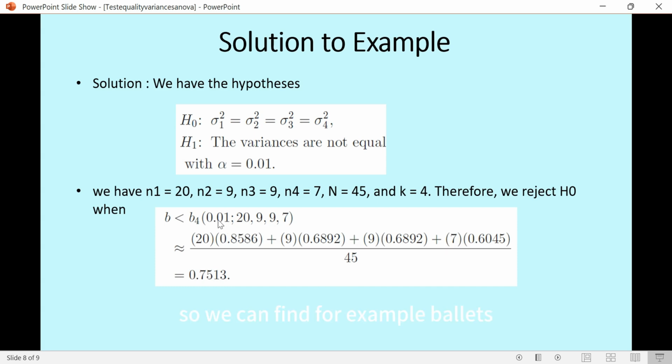For example, for sample size 20 at 0.01 it is about 0.8586, and likewise for the critical values with sample size 9 at the critical level 0.01. Combining these together, divided by 45, we get the Bartlett critical value of 0.7513 in this example. So if the sample B value is less than this one, we will reject the null hypothesis.